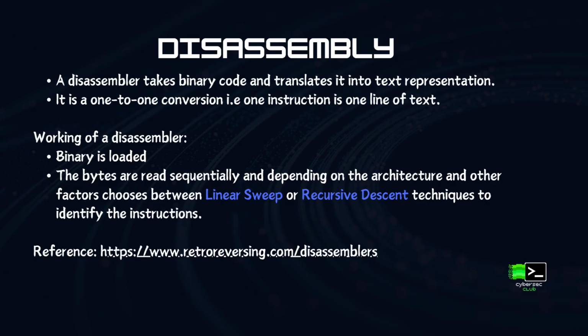In linear sweep, it goes through the code in a linear fashion, and in recursive descent, it is more smart. It will identify control flow statements like loops or function calls, and then it disassembles according to that. So linear sweep might be fast, but recursive descent will have all these features.